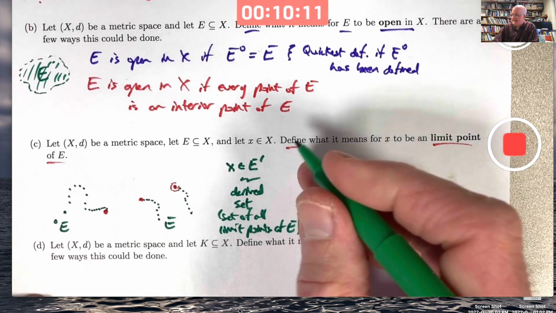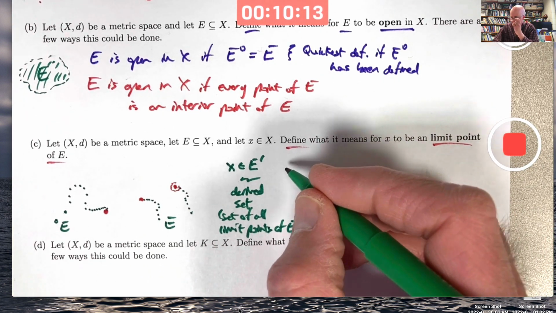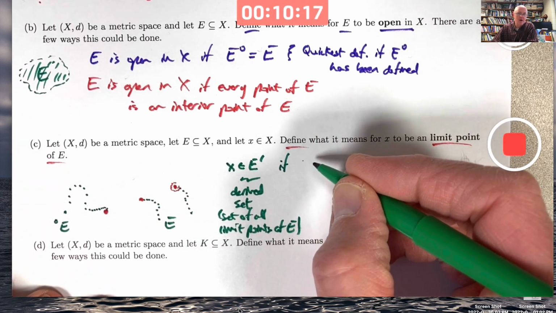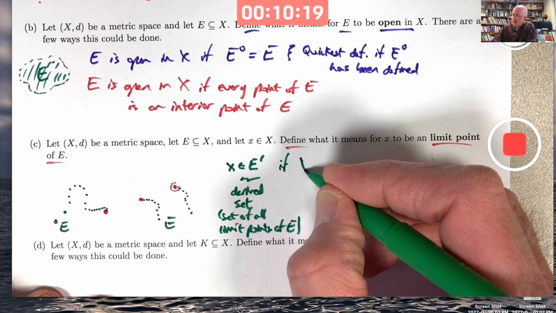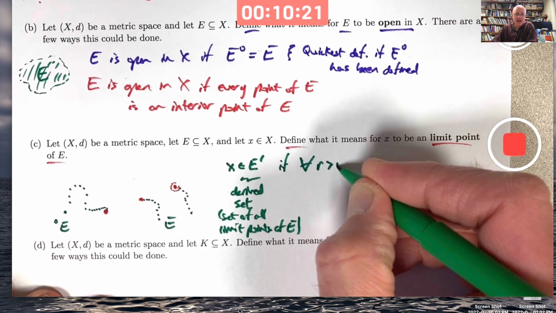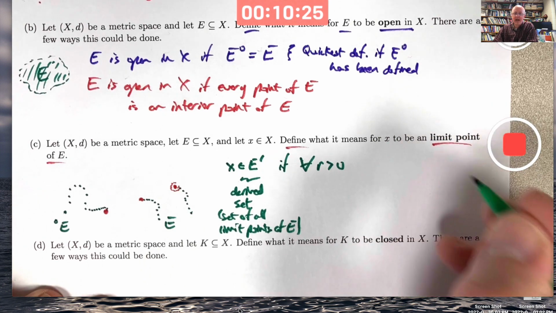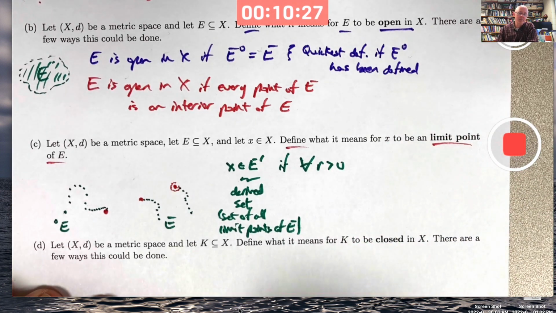The derived set X is a limit point of E if what? If for all open balls, no matter how small, for all positive radii, no matter how small, you could say there exists a point in the open ball centered at X of that radius other than X itself.